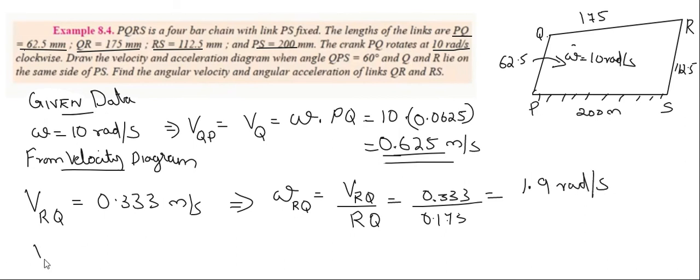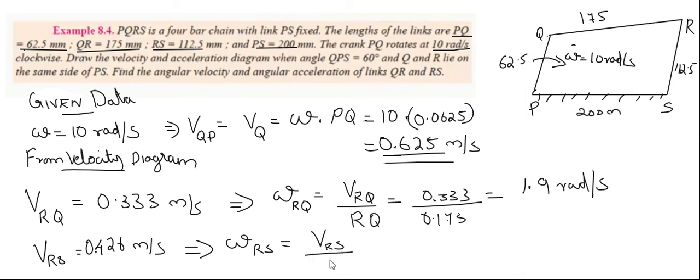Similarly, we have found out VRS as VR, or we can get that value as 0.426 meter per second from the velocity diagram. So from that we can find omega RS as VRS divided by length of the link RS in meters.